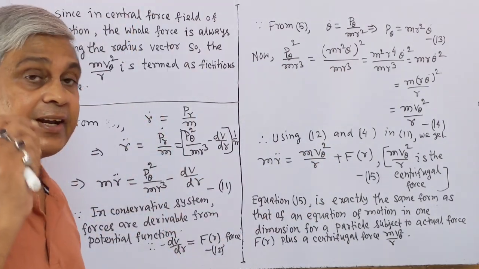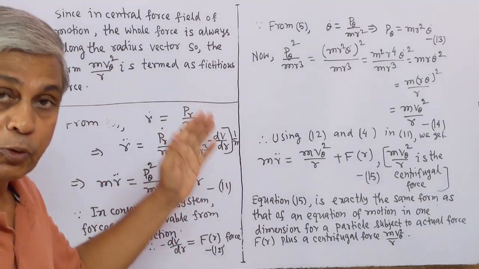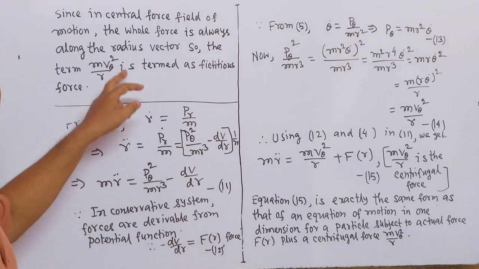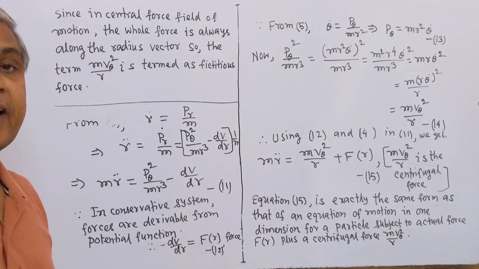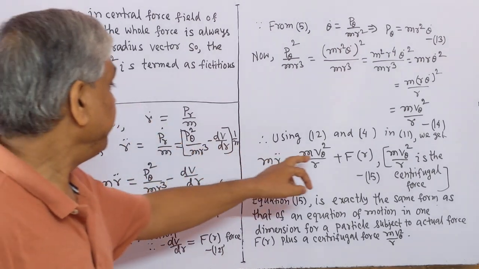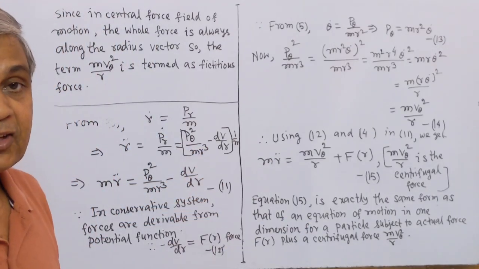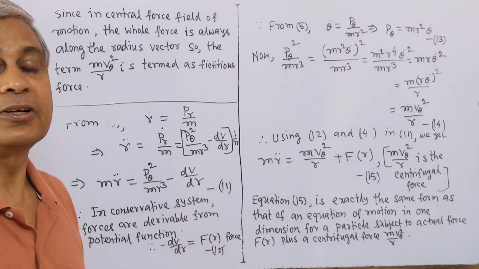Since in central force field of motion the whole force is always along the radius vector, the term m V theta square by r is termed as fictitious force.